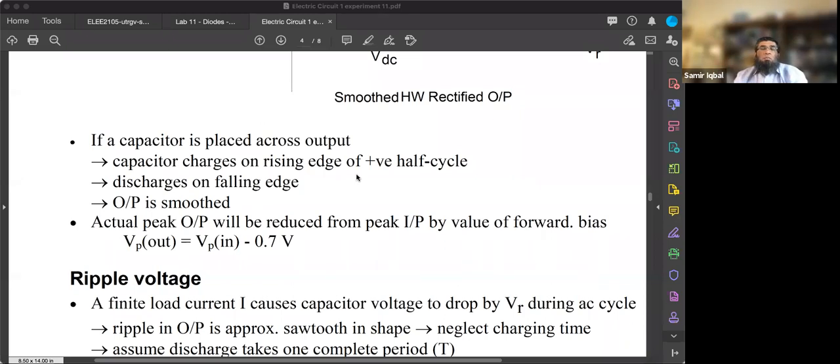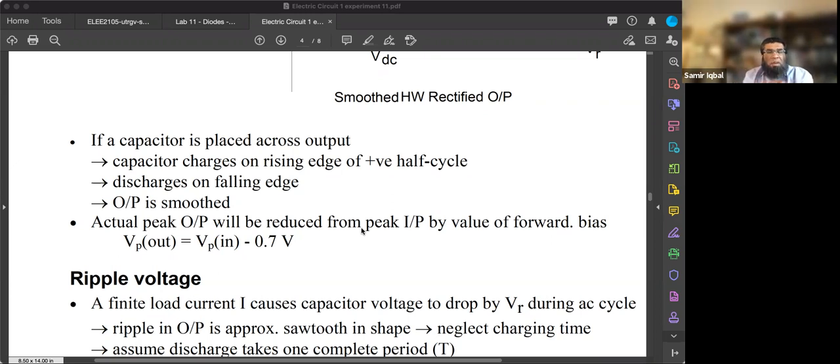Now the actual peak output is written as VP out equals VP in minus 0.7 volt, because that's the voltage the diode requires to start, right?